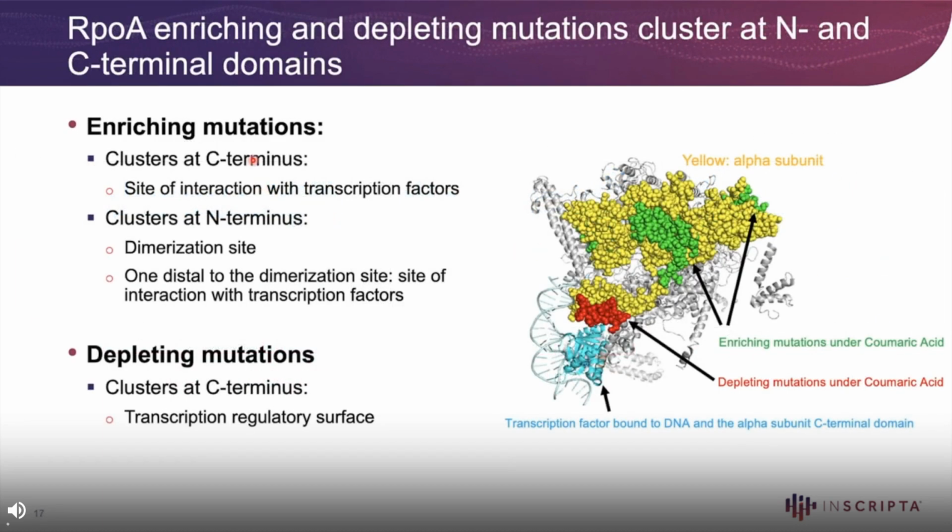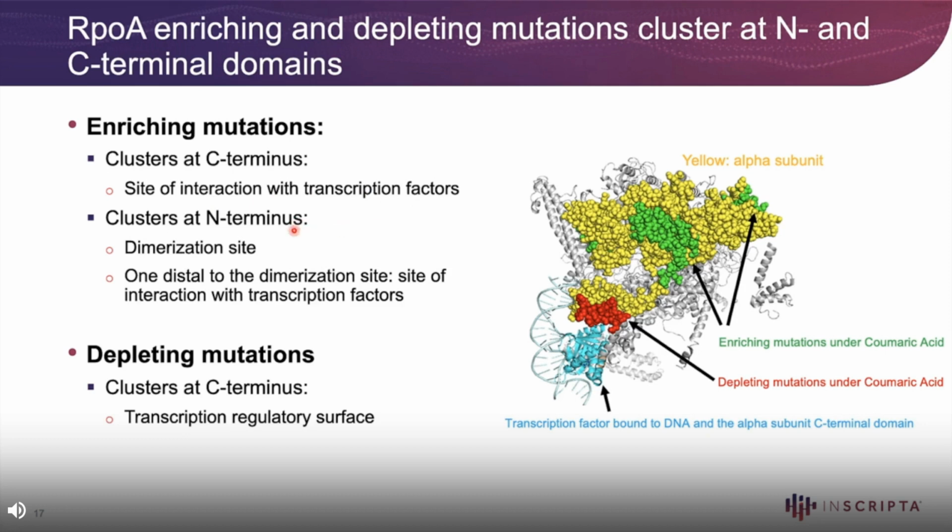So here I'm going to talk a little bit about where these clusters of mutations actually are on the structure of the RPOA. So as I said before, there are 2 clusters of enriching mutations. The first cluster is at the C-terminal domain, and this is at the site of interaction with transcription factors.